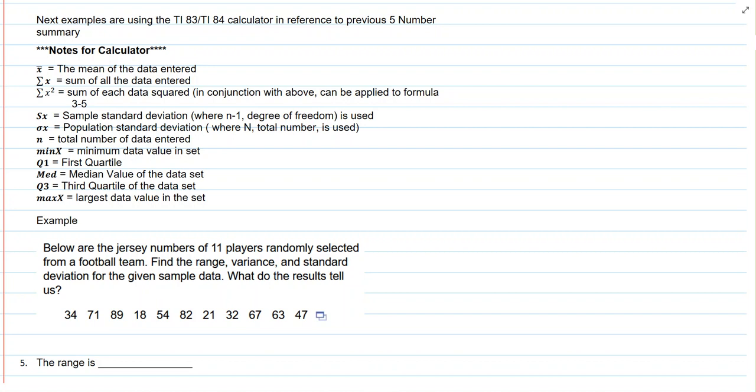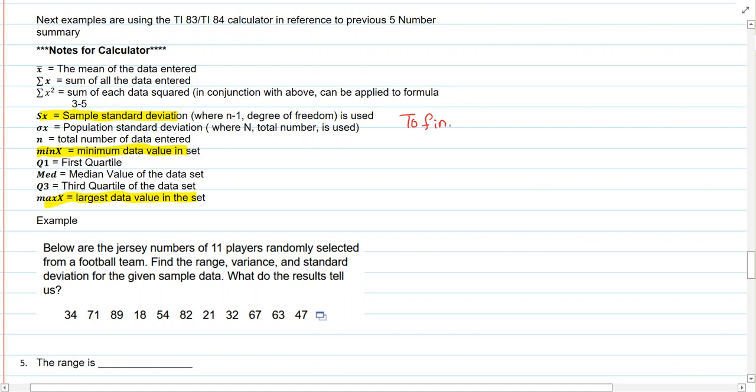So we'll be focusing on the sample standard deviation, and of course, the min and the max to find the range, and then to find the variance of the data.